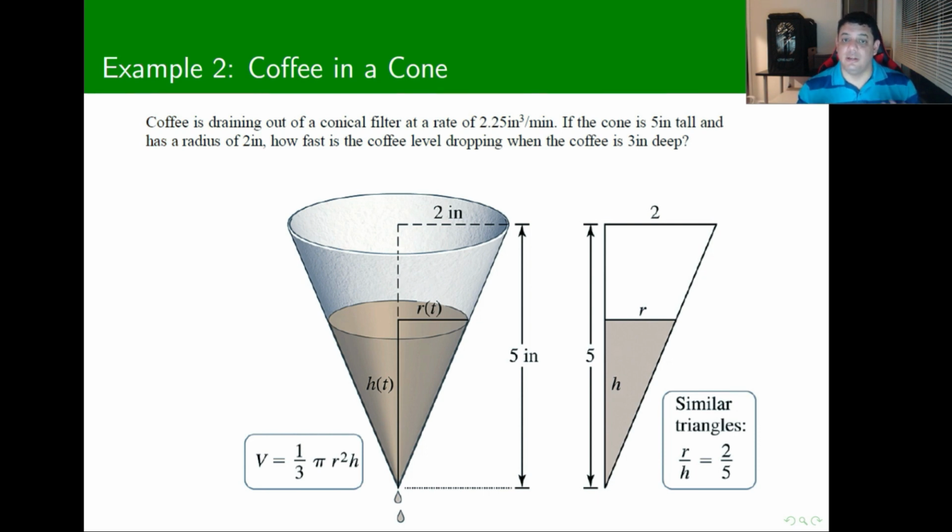We're going to use that a lot when we're dealing with volumes, trigonometric relationships and triangle relationships. Now, because we can establish this relationship, we can put the radius in terms of the height or the height in terms of the radius.